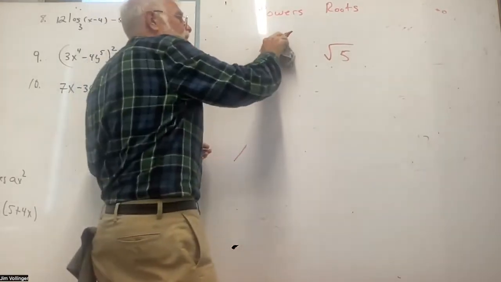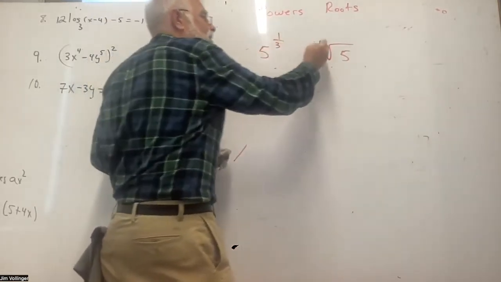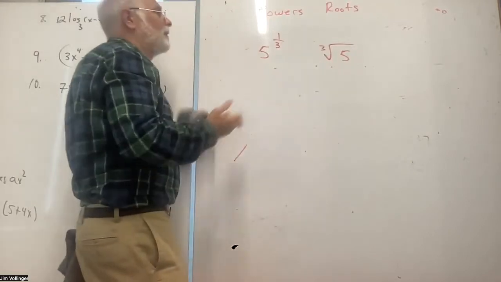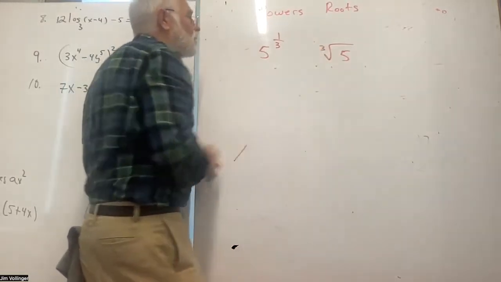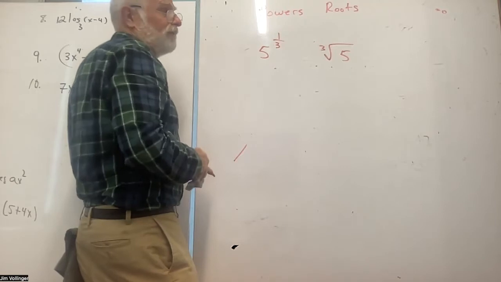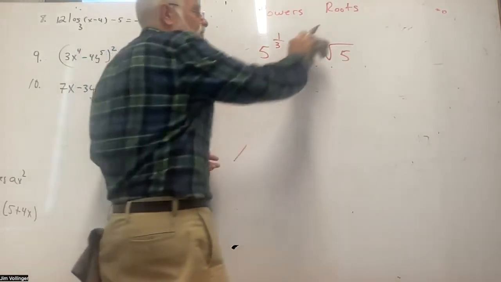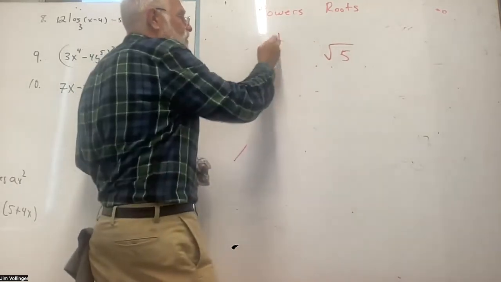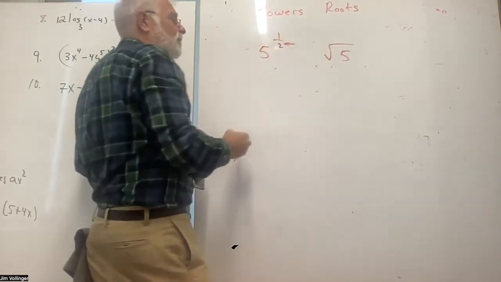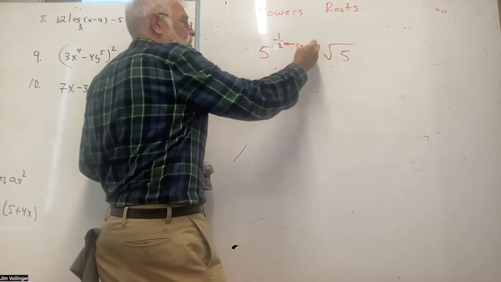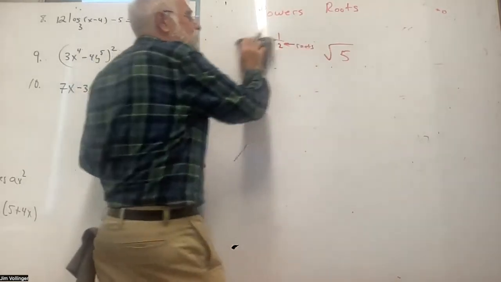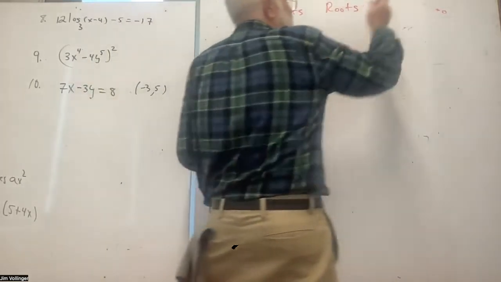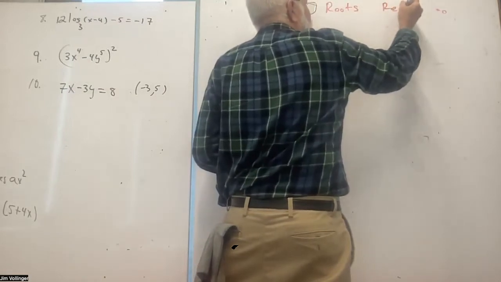If it was a 3, that means the cube root of 5. I don't know what the square root of 5 is. A calculator would tell me, but I know the operation in the denominator is all about roots, the inverse of powers.